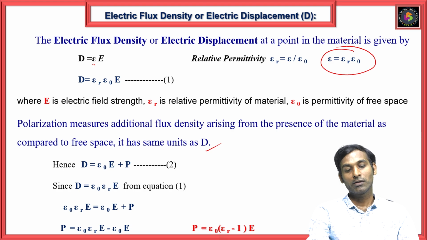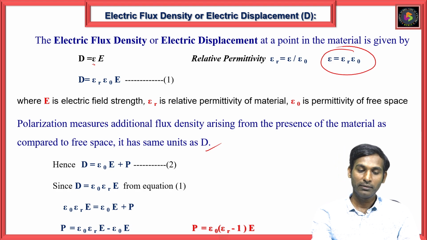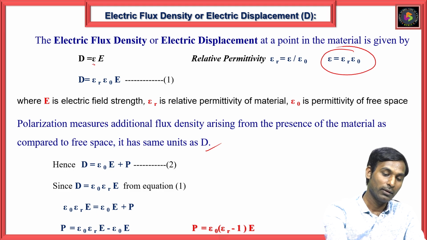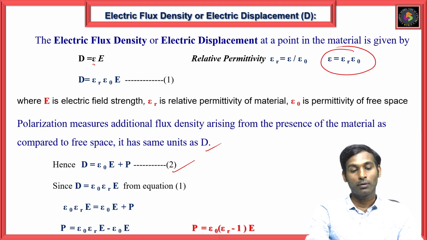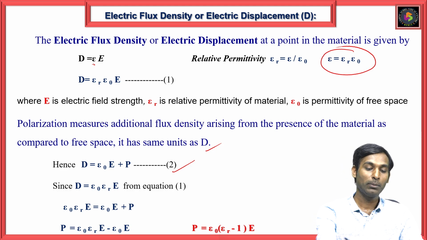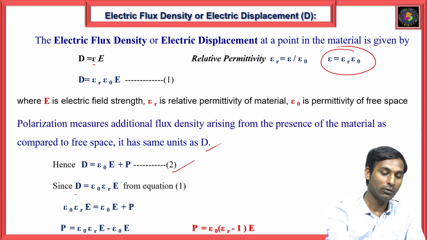Compared to equation 1, the electric displacement D is equal to epsilon naught into E plus P. This equation is valid for free space. So, D is equal to permittivity of free space, electric field strength into the relative permittivity. Already we know this equation.